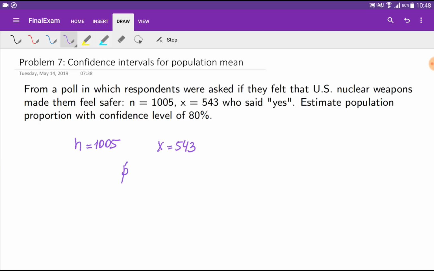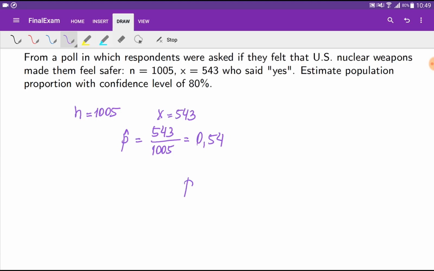It means that the sample proportion is equal to 543 divided by 1005, which is 0.54, or simply 54%. So estimate the population proportion with the confidence level of 80%.